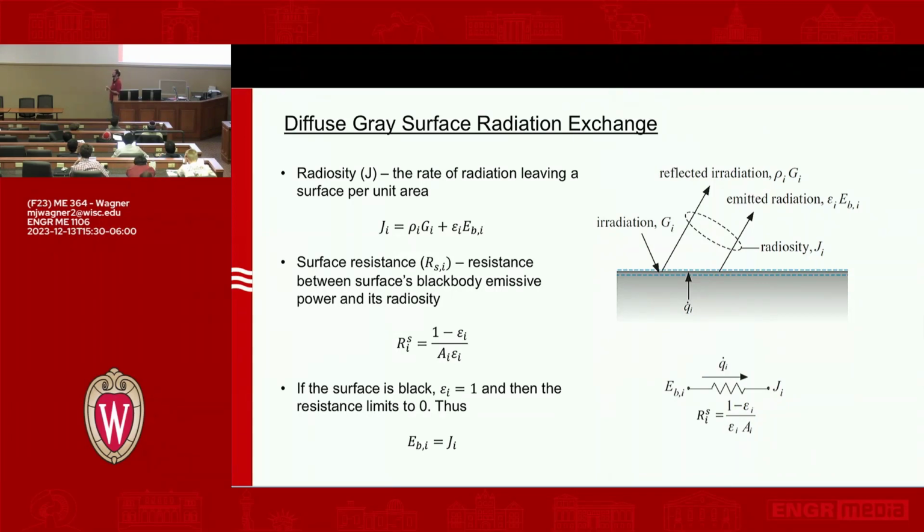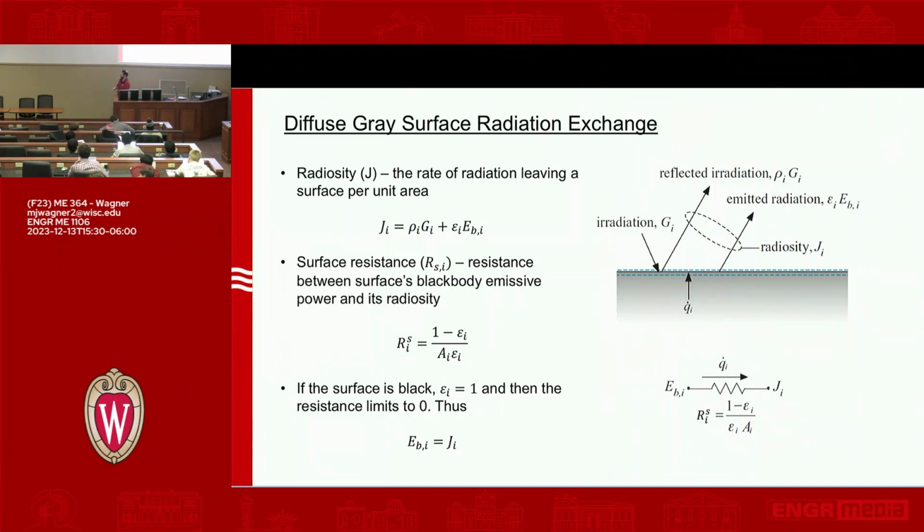Okay, radiosity is a flux. It is watts per meter squared, so it's like energy per area. But it's the combination of what's reflected, rho times G, where G is irradiation, and what's emitted, epsilon times E_b. Okay, that's our definition of radiosity.